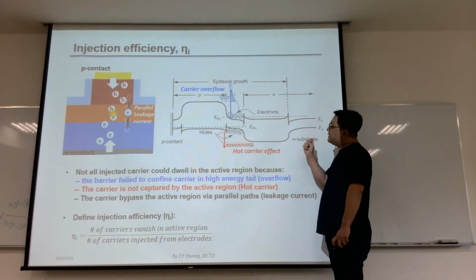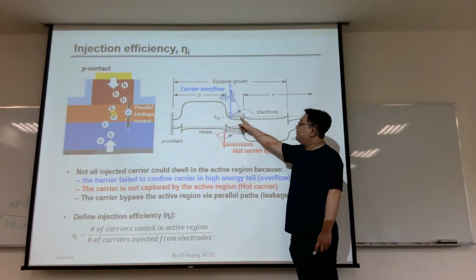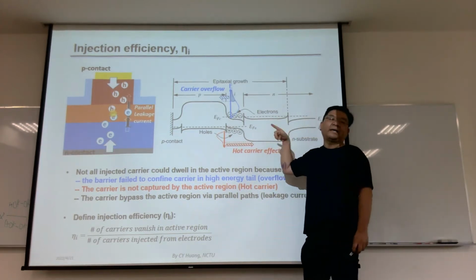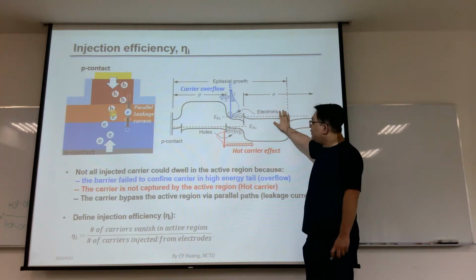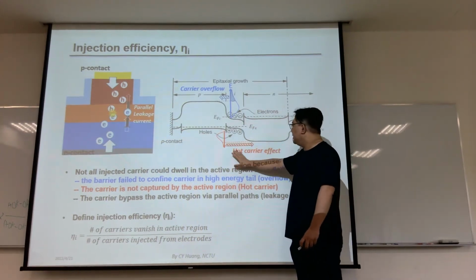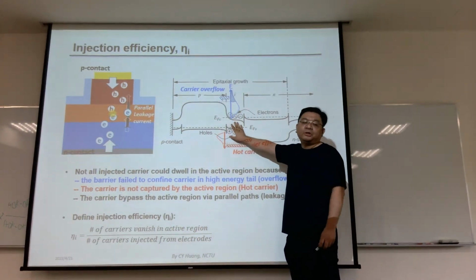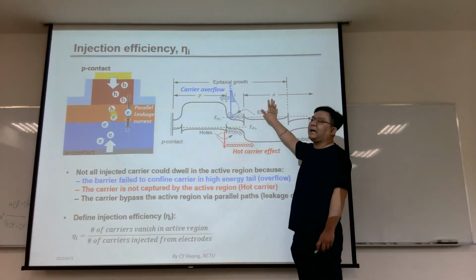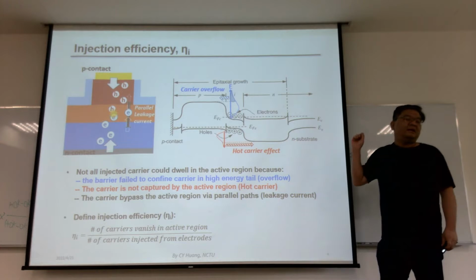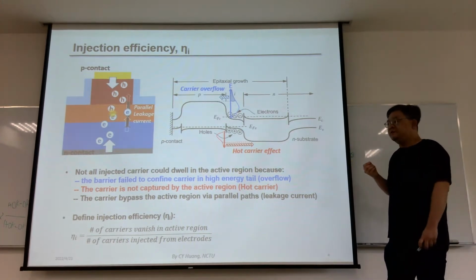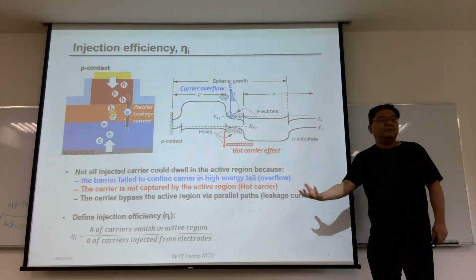There's another way to lose the carrier, called hot carrier. Because the carrier is injected, before it recombines in the active region, it needs to be captured by the quantum well first. For example, I set a trap in the middle, and I walk down.